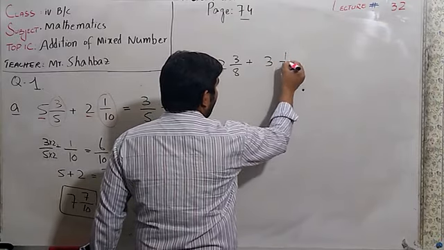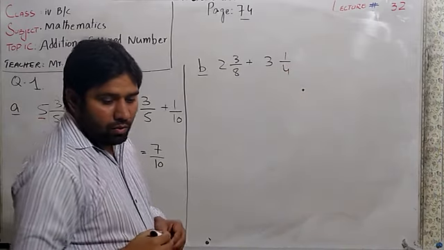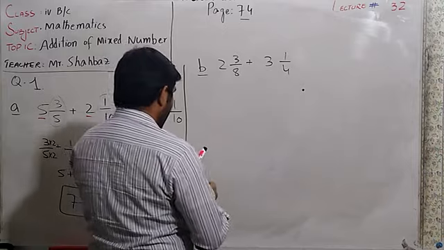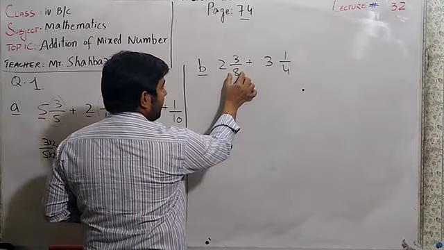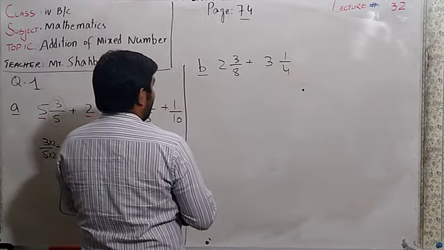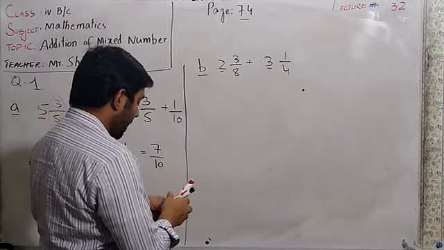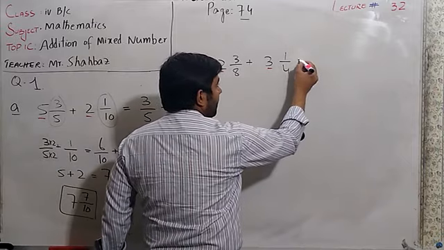Same as before, first of all you add this fraction and this fraction. You leave the whole numbers; first you have to add the fractions.